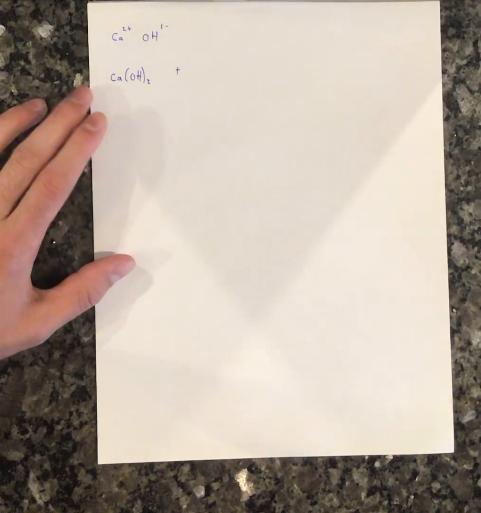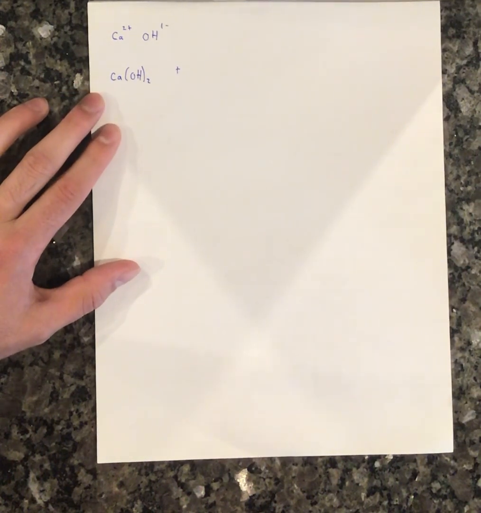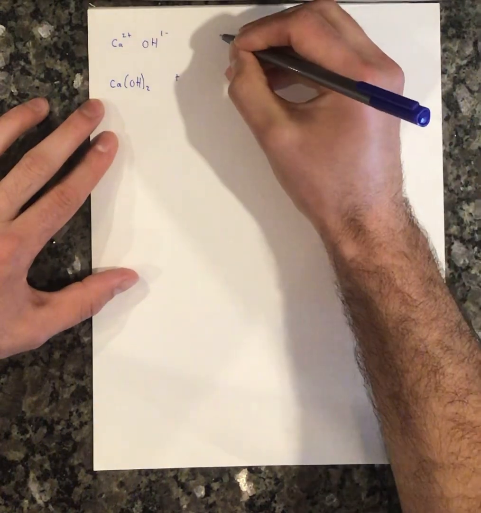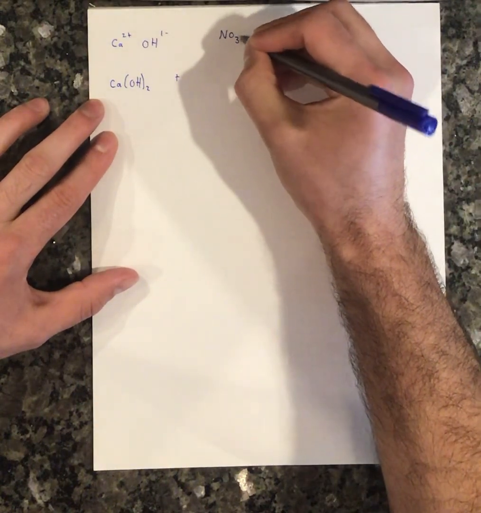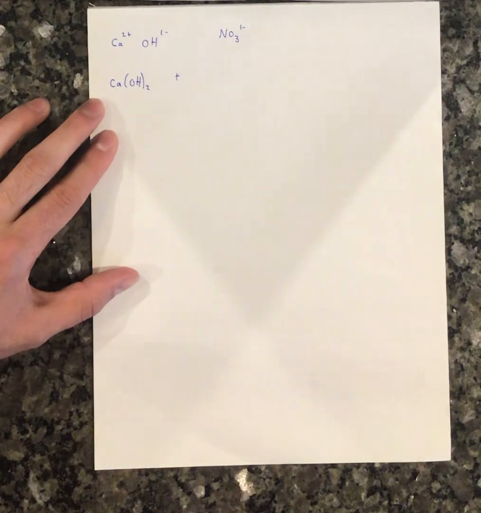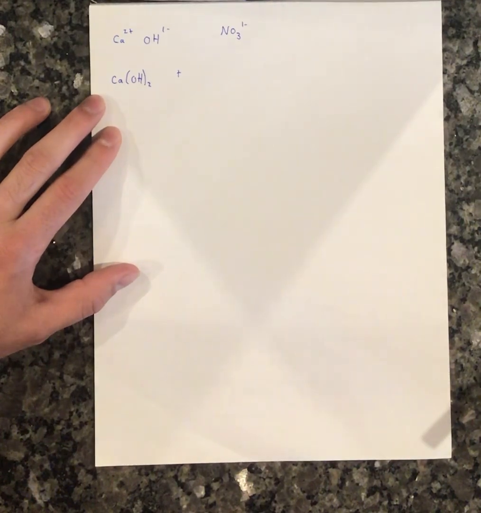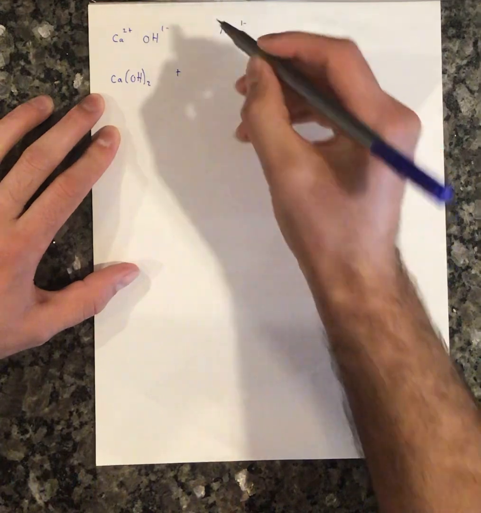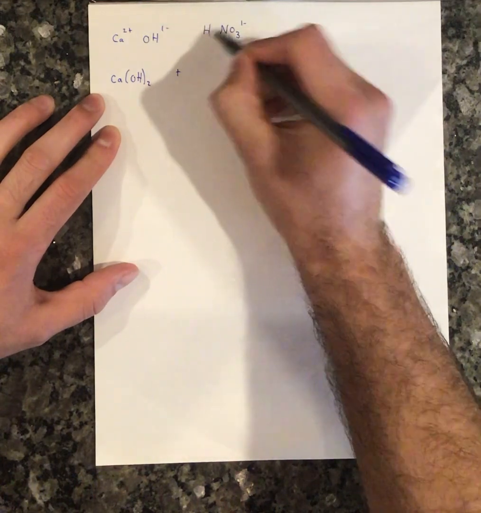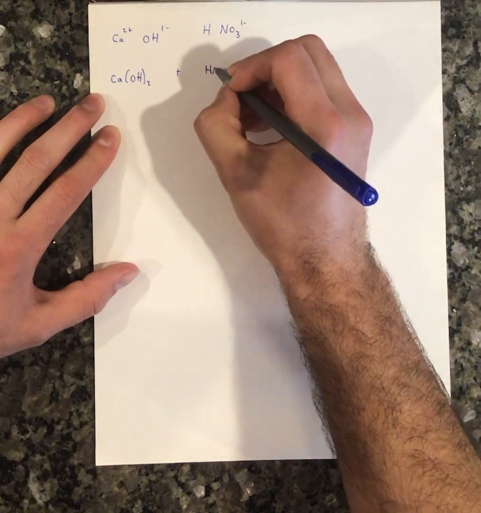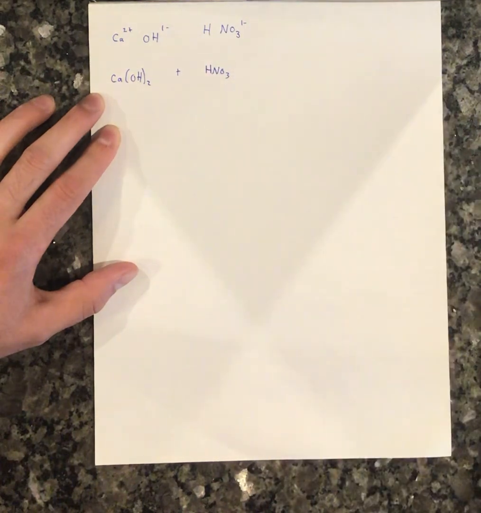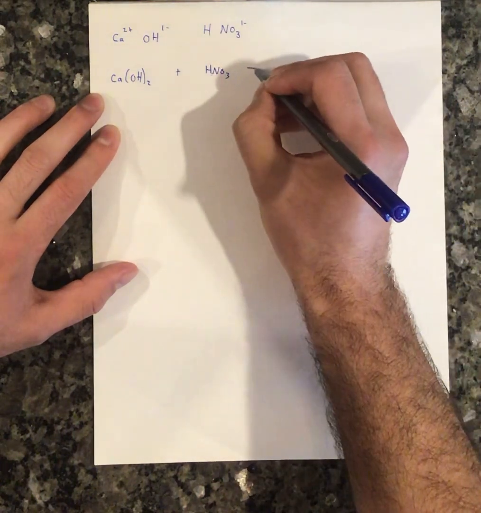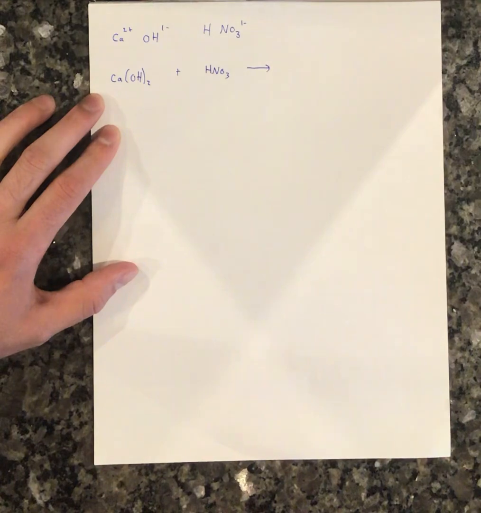Nitric means that it's the normal atom, so normal is nitrate, which is NO3, 1-. Because it's an acid, we need to add hydrogens. How many hydrogens? Well, because it's only 1 here, we can add 1 there. So we get HNO3.